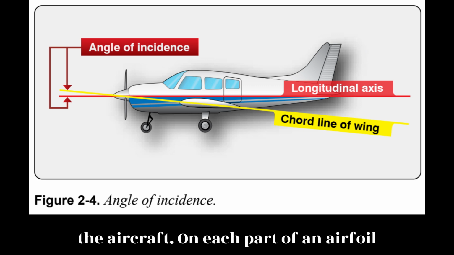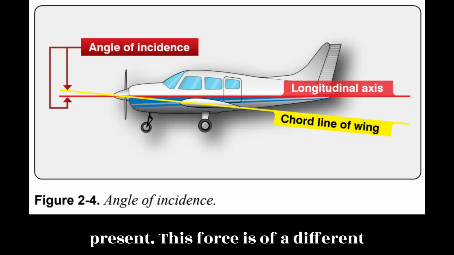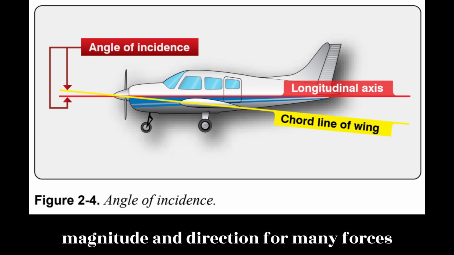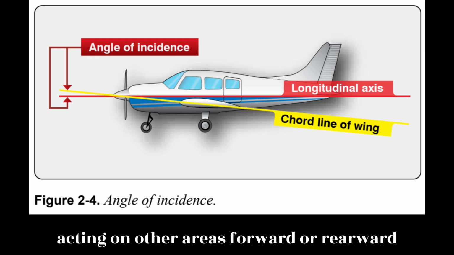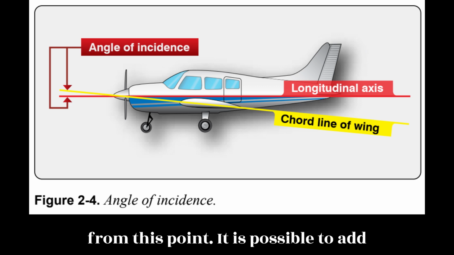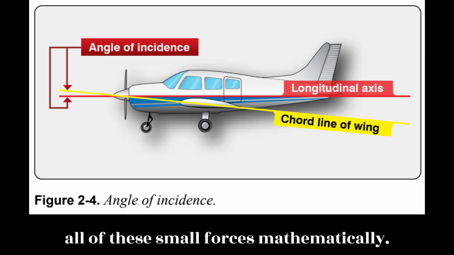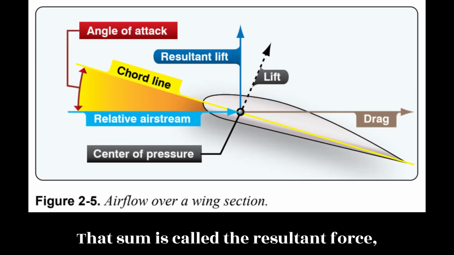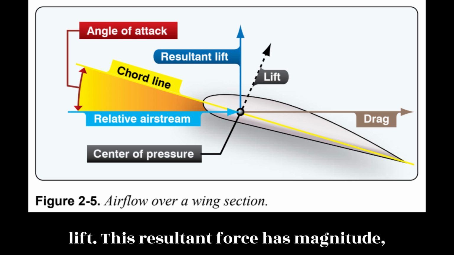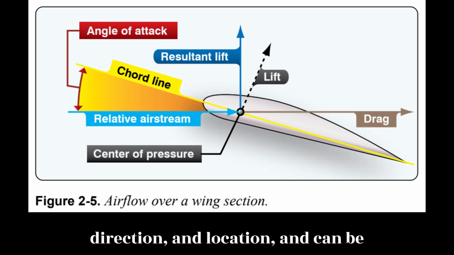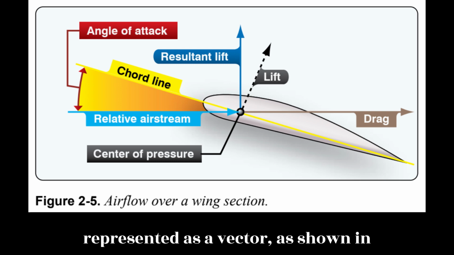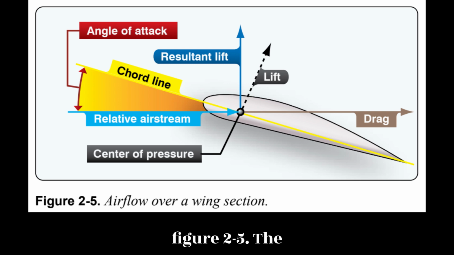On each part of an airfoil or wing surface, a small force is present. This force is of a different magnitude and direction from any forces acting on other areas forward or rearward from this point. It is possible to add all of these small forces mathematically. That sum is called the resultant force, lift. This resultant force has magnitude, direction, and location, and can be represented as a vector, as shown in Figure 2.5.